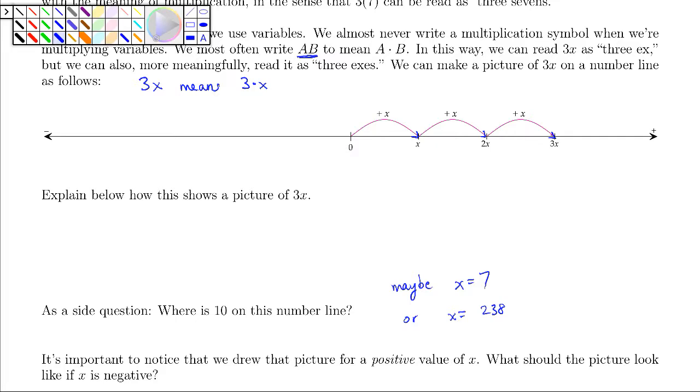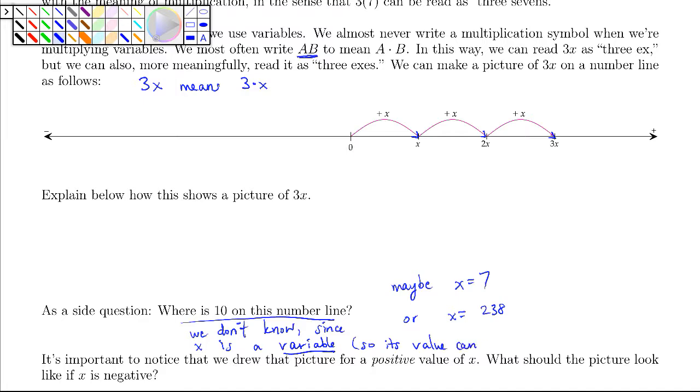So the answer to this question is we don't know, since x is a variable, so its quantity can vary. Its value can vary.